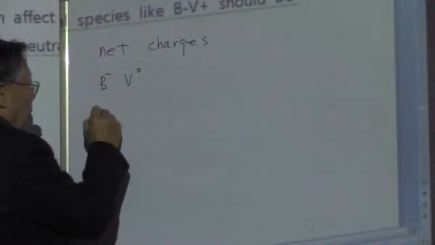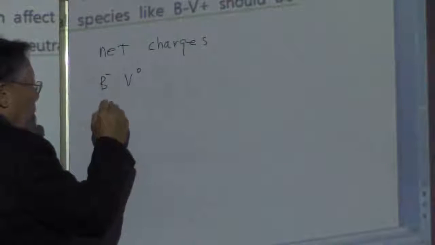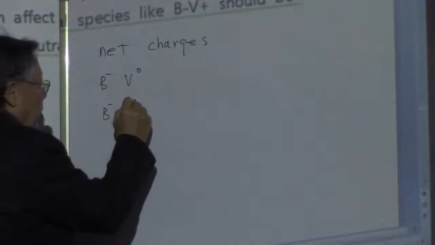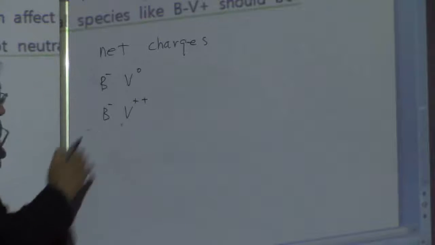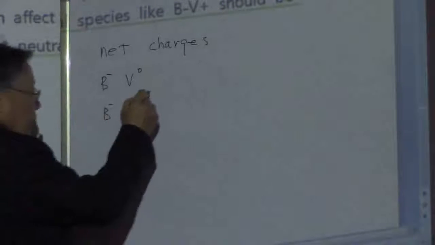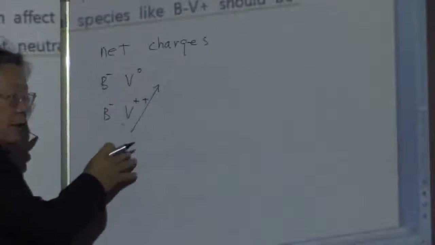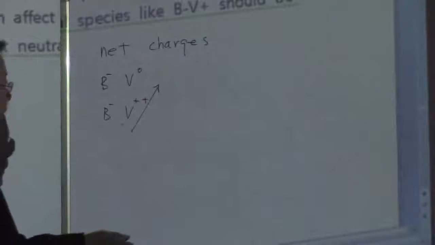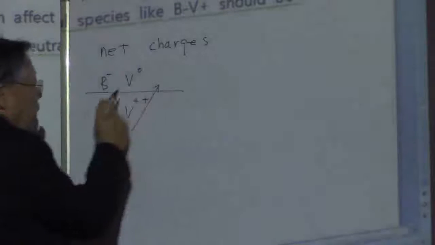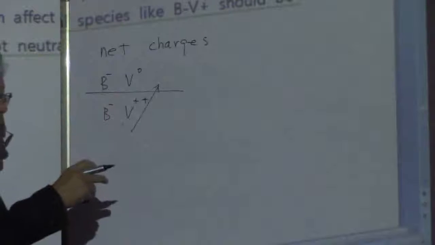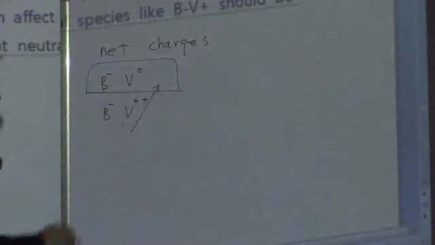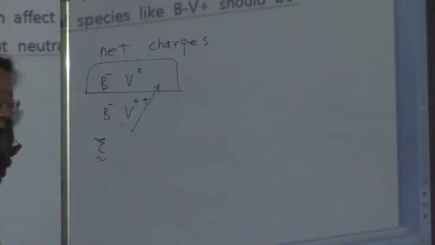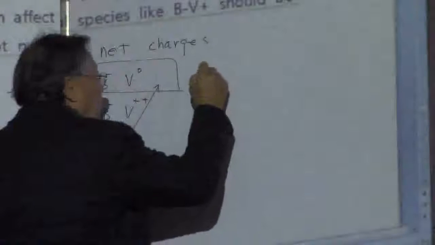And then if B minus and V double plus, it should have net charges. But this is not really important in real practice. So for the P-type, for the boron, this may be the important thing that we have to take into account in the electric field term, the H values.